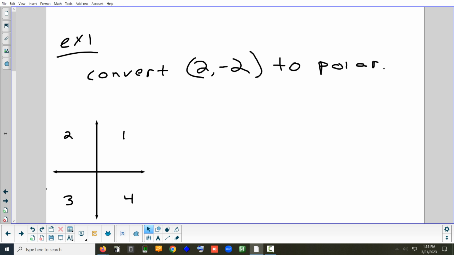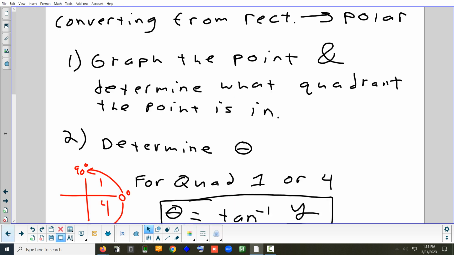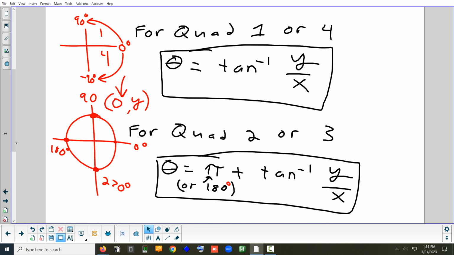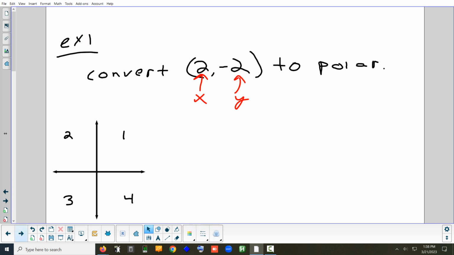It must be the rectangular coordinate, which means this is an x and this is a y. So we know the x and the y. Okay, so the first thing is determine the quadrant, so then you can figure out are you using the top formula or the bottom formula. So let's determine the quadrant. It doesn't have to really be a perfect sketch, but we're just roughly trying to figure it out. You can even do this part in your head.